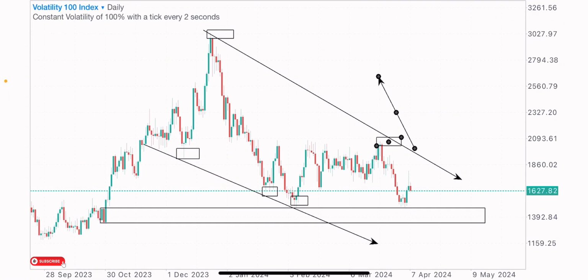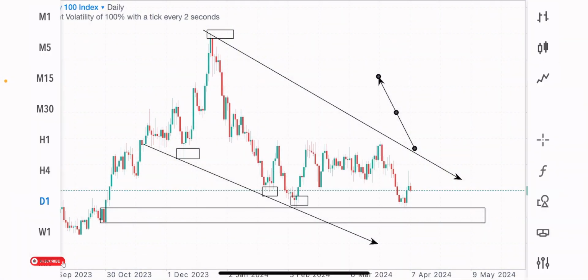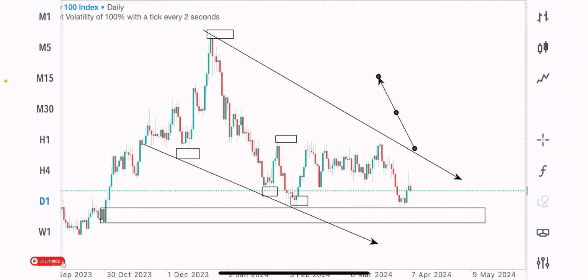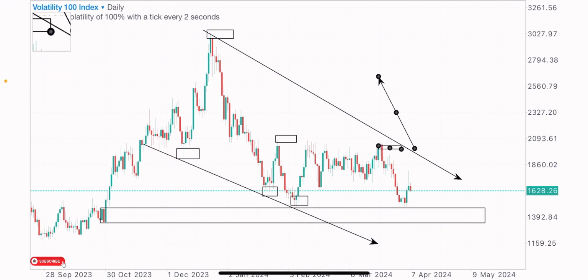We got a high here, then another high at this zone, a lower high. So price created a series of lower highs and lower lows on this daily time frame structure.